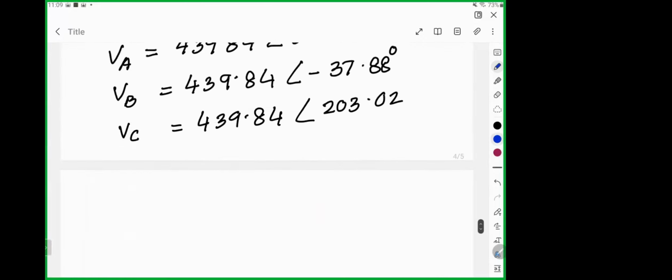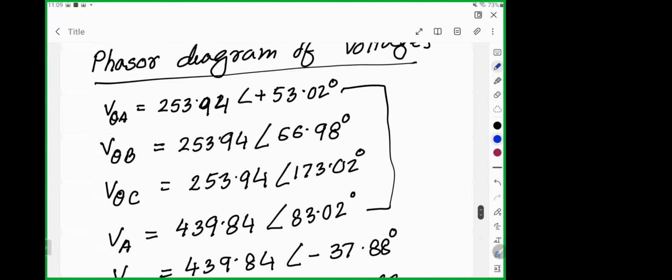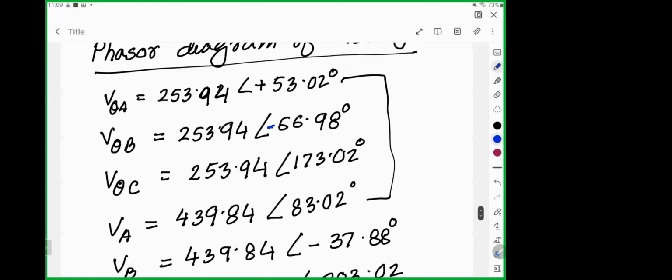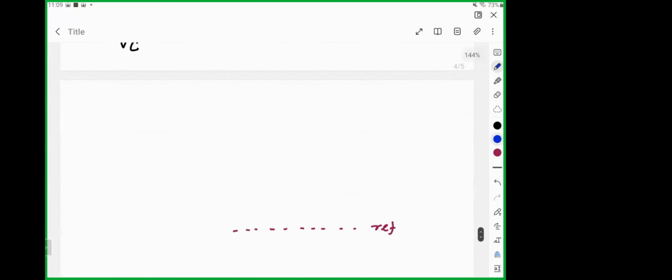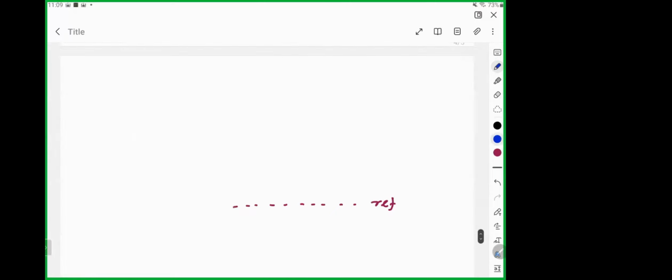Now, let us draw in a different color. We will consider first the phase quantity. So this one is plus 53.02, so I will have a quantity something like this. You don't need to be exact, but this angle will be 53.02, and this will be V theta A, right?